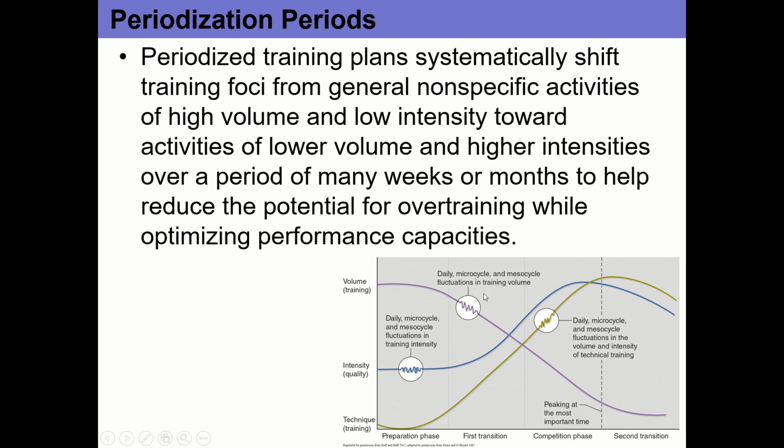So in this graphic, first transition is the same thing as the pre-competition phase. If we're thinking about football, or even something like soccer at the collegiate level, then the first transition or the pre-competitive phase is like training camp. So that month prior to the first real games being played would be part of the first transition.